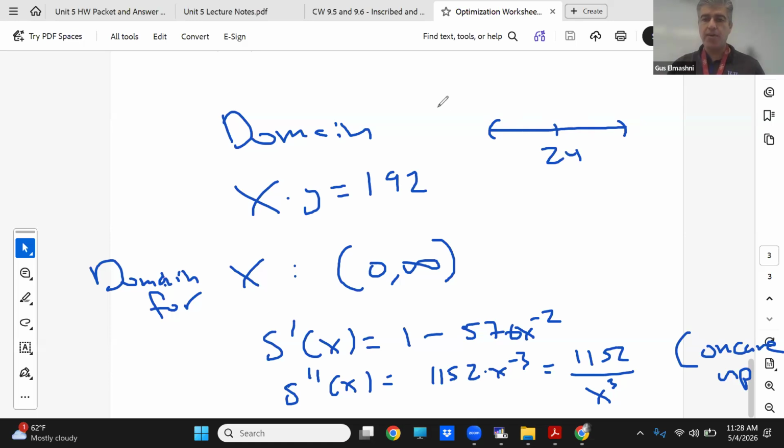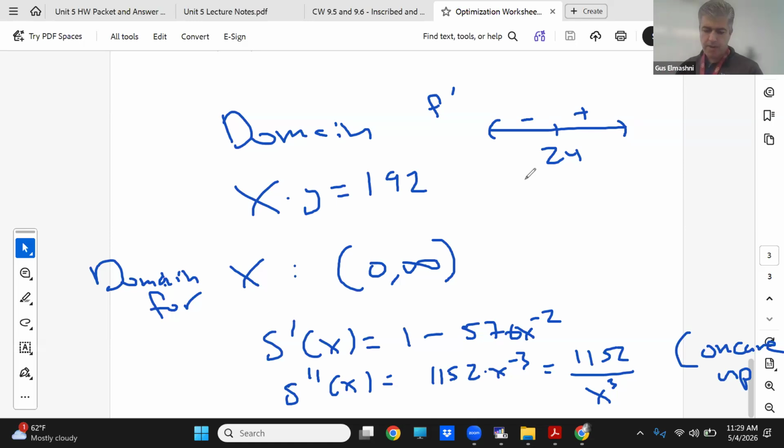So what this tells me is that when I solved for x, I got 24. When we did a sign chart, we talked about this. The derivative was negative beforehand and positive afterwards, because if you plug in any number less than 24, does that make sense? 24 is the critical point, right?